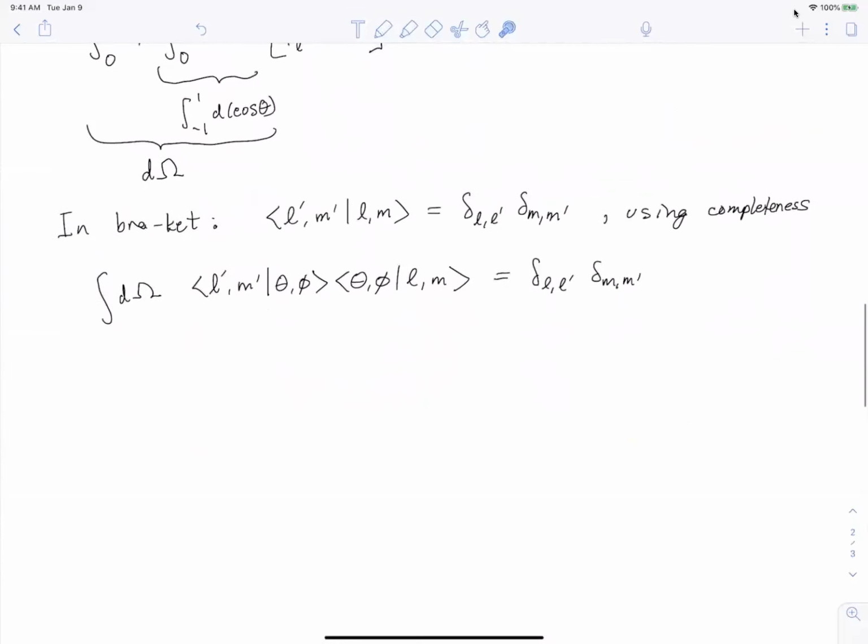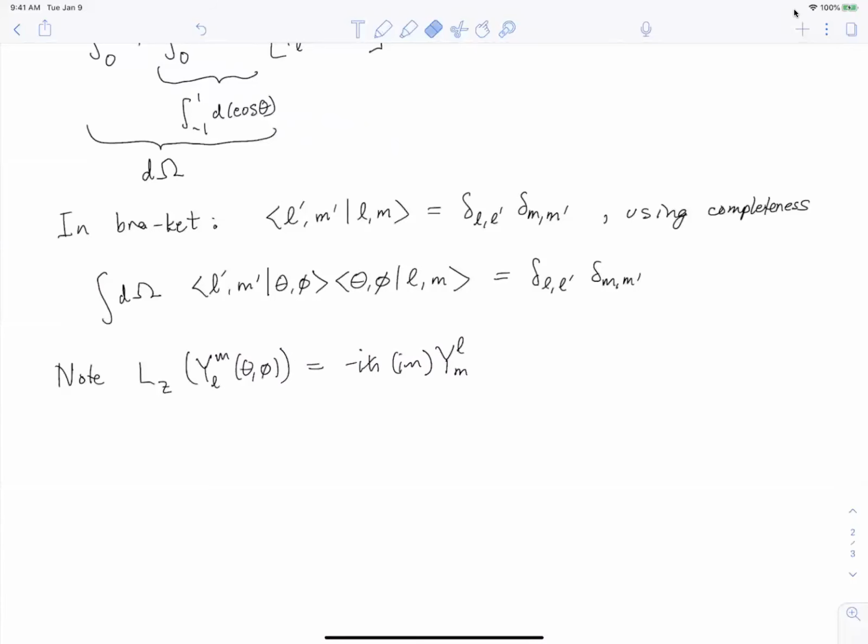Okay, other statements we can make are we can talk about the hermiticity of L_z. So note, first of all, that L_z as a differential operator acting on Y_lm is equal to minus i h-bar times i times m Y_lm. That's just because the L_z contains a derivative with respect to phi.